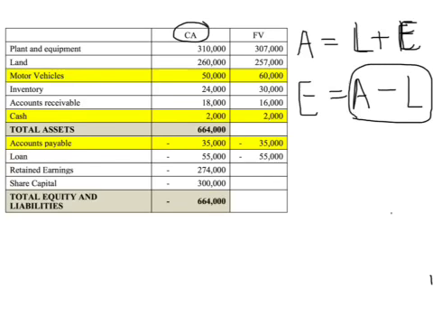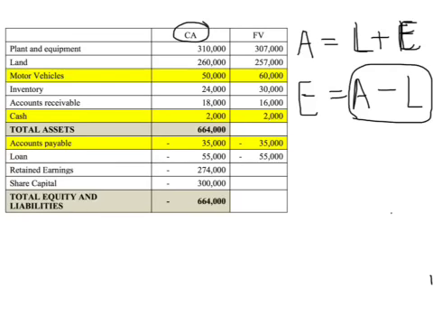So the assets that are left after the liabilities have been covered, and that is theoretically what the owners of the company, it represents their share in the company, because it is similar to the equity figure.